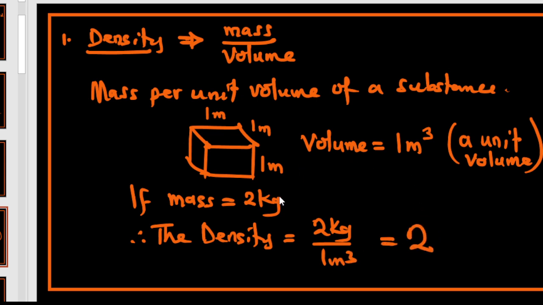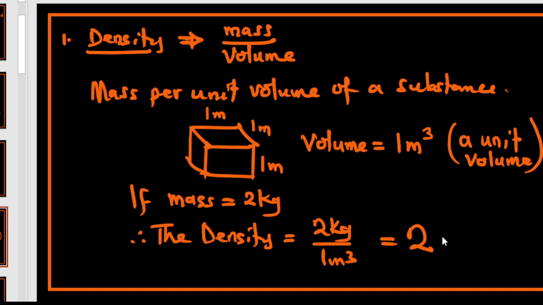So what we mean here is that this mass of 2 kilogram is serving as the density of that substance. Why? Because the substance we are dealing with has a volume of 1 meter cube. So density, in other words, is the mass of any substance that has a volume of 1 unit.